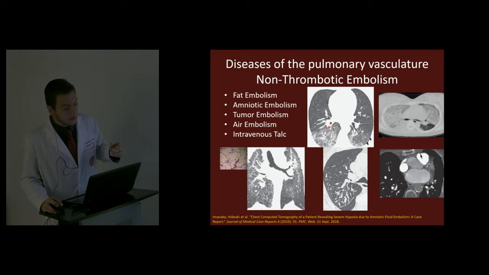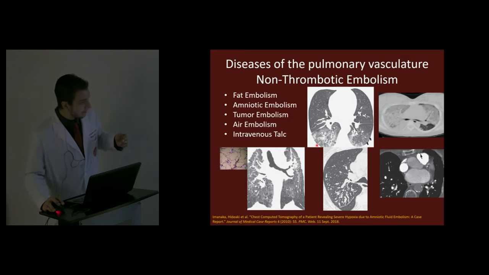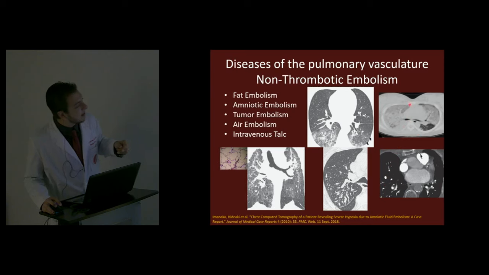It was a patient who sustained a motor vehicle accident and had these opacifications in the lower lobes, and this was diagnosed as a fat embolism. Some case reports said that this was an amniotic embolism in a patient who was pregnant. You can see a total opacification of the lungs.